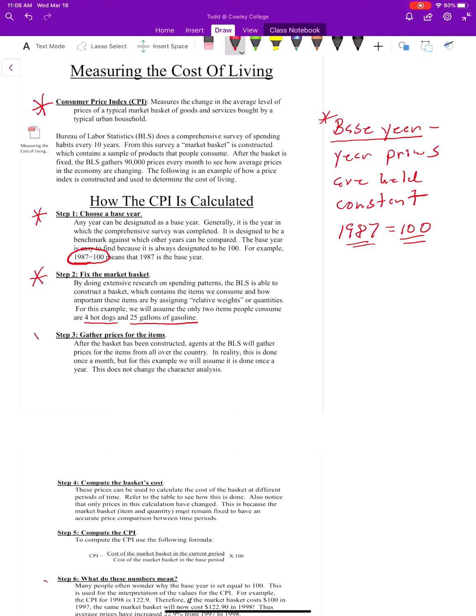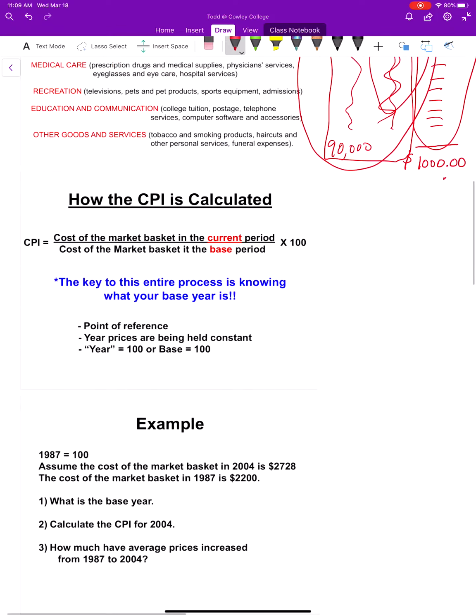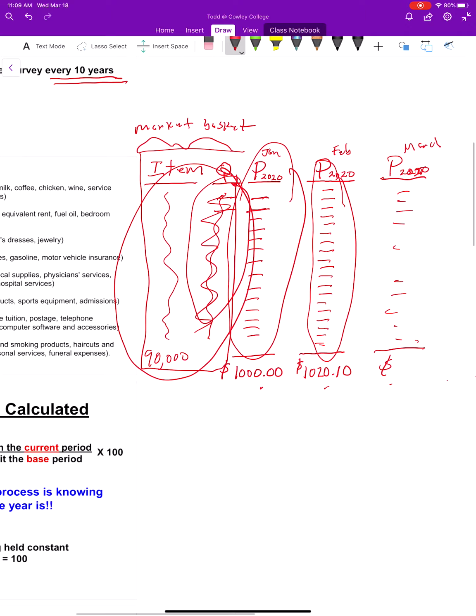All right. Step number 3 is then to go in and gather prices on each one of those goods. So again, just like I did up here, the Bureau of Labor Statistics actually gathers prices by the month. We are going to do it by the year.